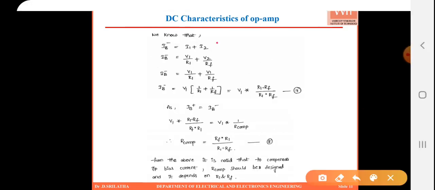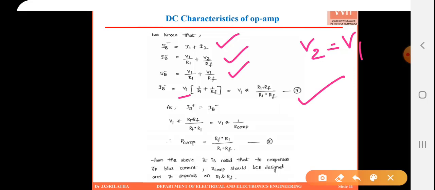Substituting I1 and I2, we get V1 by R1 plus V2 by RF. But as V2 is equal to V1, IB minus equal to V1 into (1 by R1 plus 1 by RF). Taking the LCM, this is V1 into (R1 RF by R1 plus RF)... correctly, V1 times (R1 plus RF) by R1 RF.